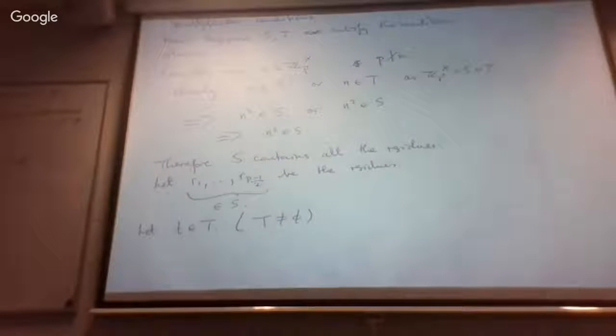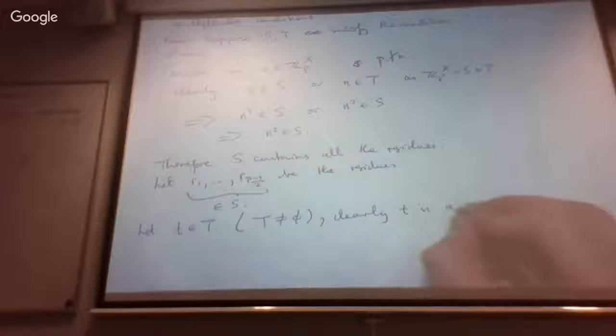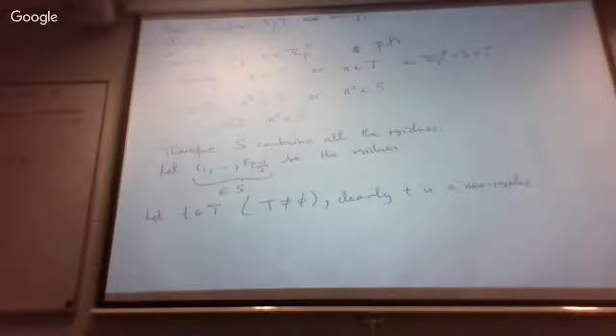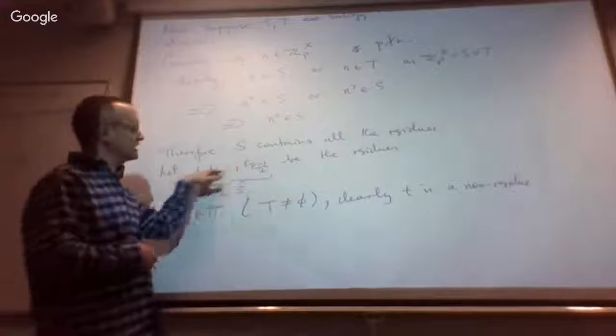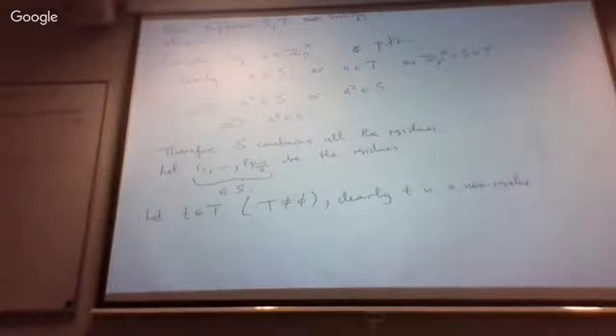So there is a t in T. Clearly, t is a non-residue. That was something we proved early on, that there are only (p-1)/2 quadratic residues. Half of the elements are quadratic residues, half of them aren't. So if we've already discovered that all of the quadratic residues are in S, anything in T has to be a non-residue.